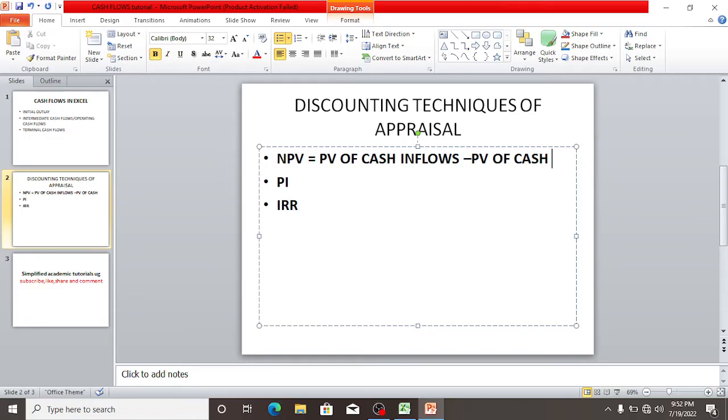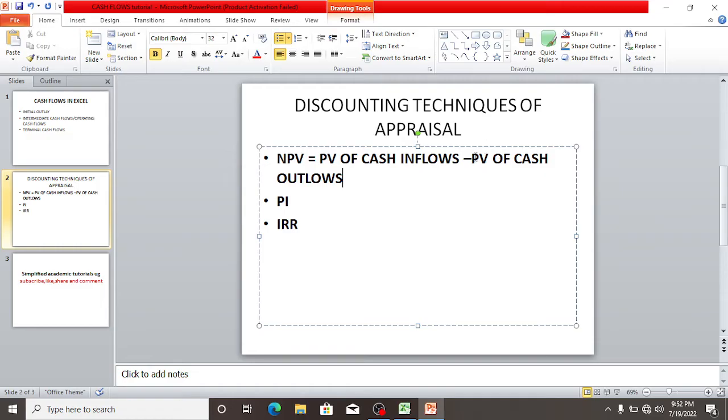That is the formula for getting the NPV. And by the way, NPV is taken as the basic technique when we are appraising projects, because it considers the time value of money, and it has very many advantages.